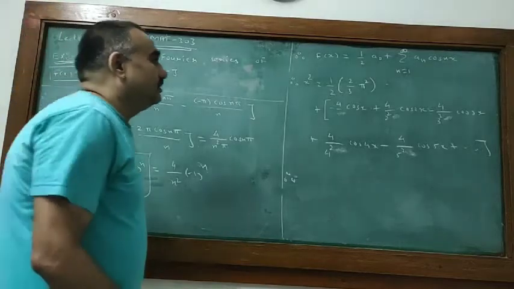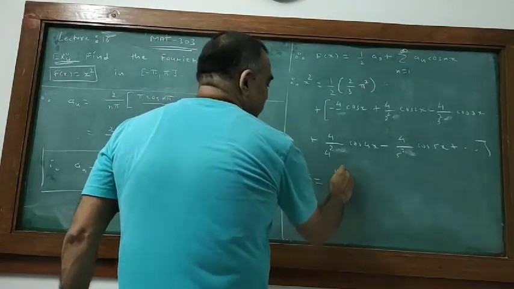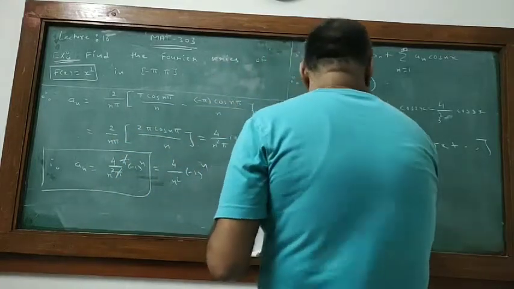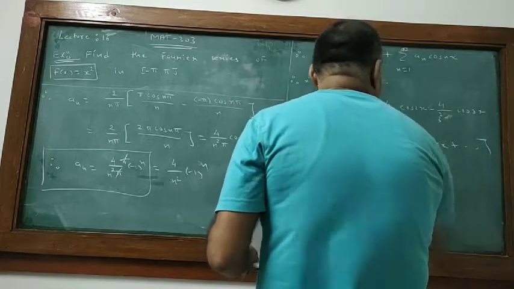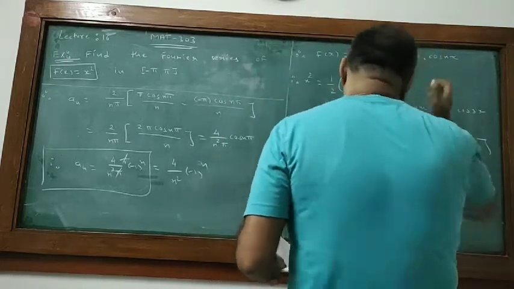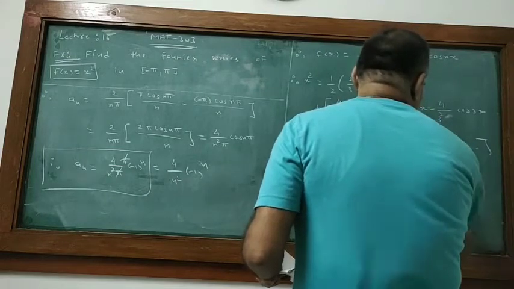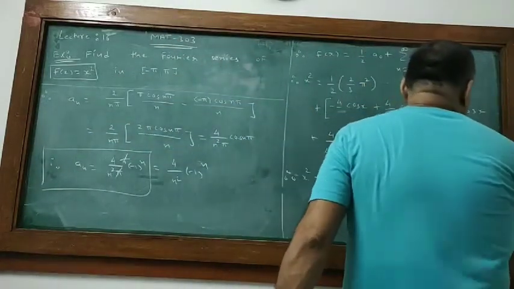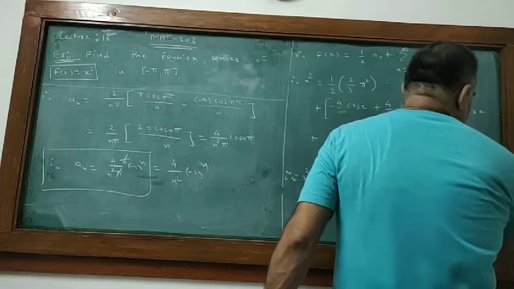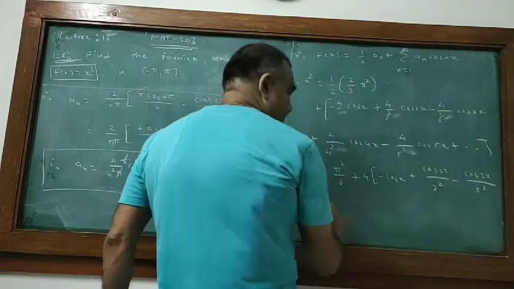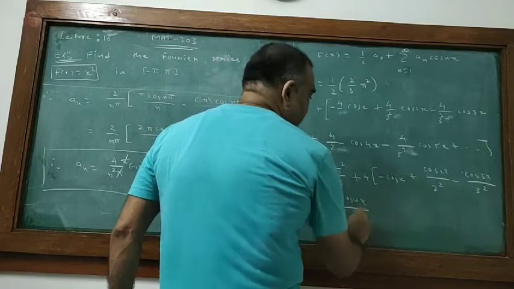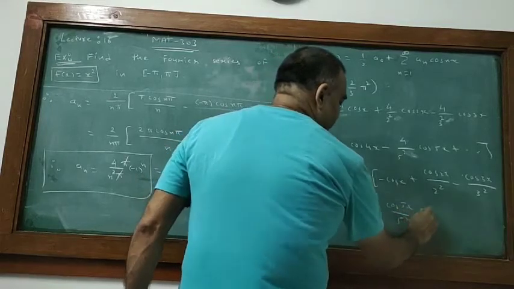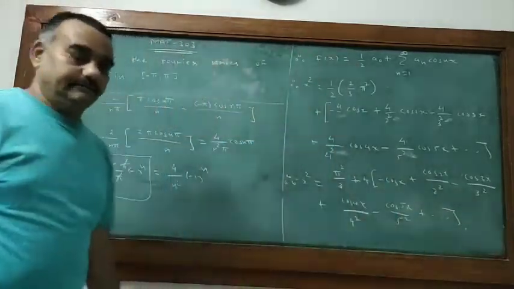So this is equal to pi square by 3 plus 4 times minus cos x plus cos 2x upon 2 square, 4 is outside, minus cos 3x upon 3 square plus cos 4x upon 4 square minus cos 5x upon 5 square and other terms.